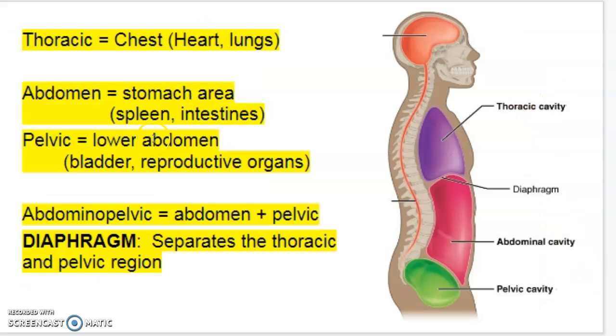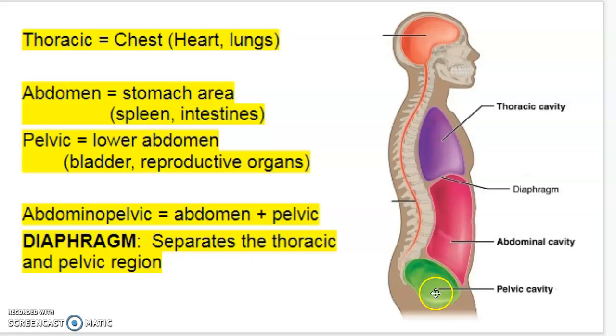And the ventral cavity consists of the thoracic cavity, which is this purple, which has your heart and lungs and the mediastinum. You have your abdominal cavity, which houses internal organs such as your spleen, your intestines, your stomach, liver.